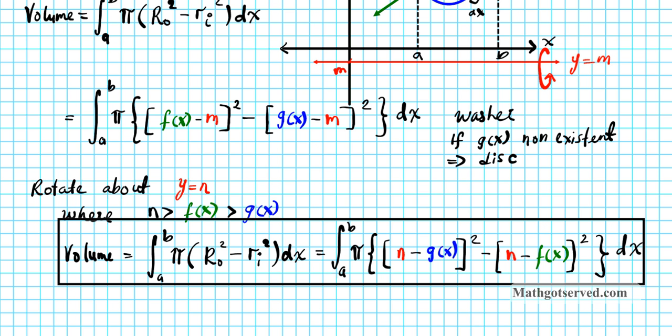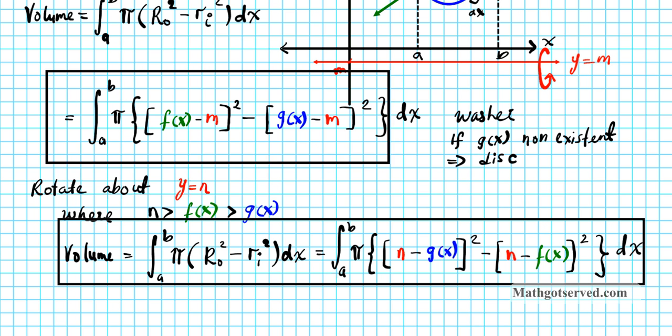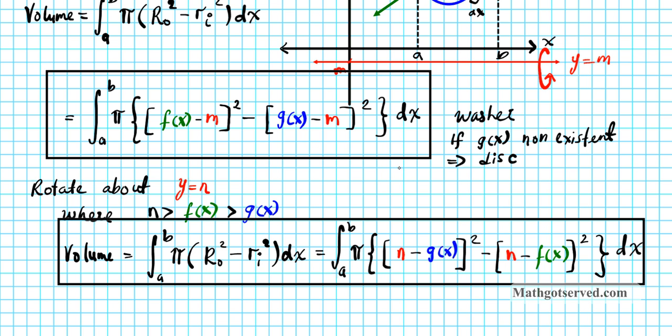When you have discs and washers, that's a special case of these formulas. Also, when you rotate about an axis, that's a special case of these formulas. If you are doing a rotation about the y-axis, all these x's become y's, your limits become y's, and you have dy instead of dx. All right, so that's that.